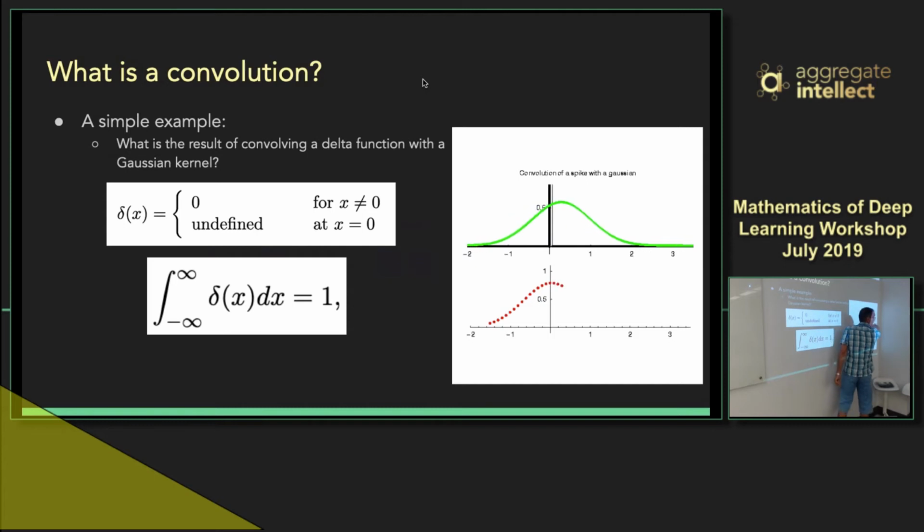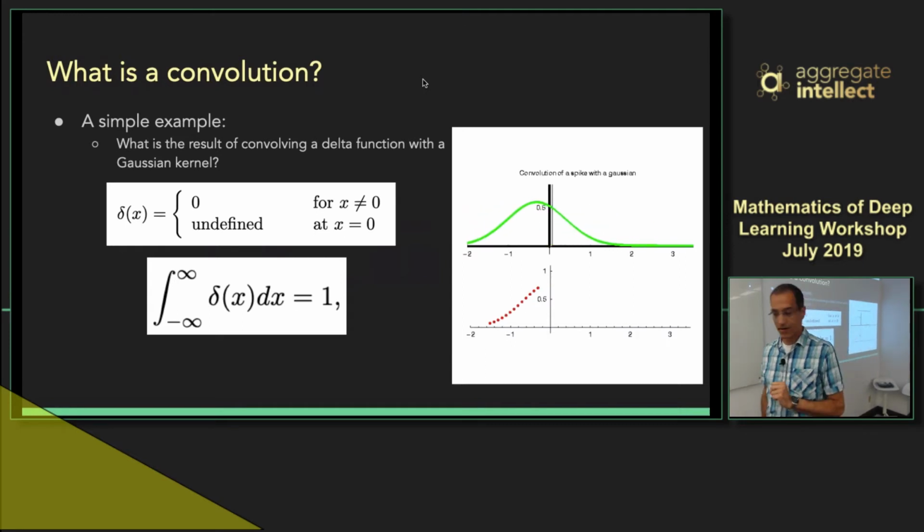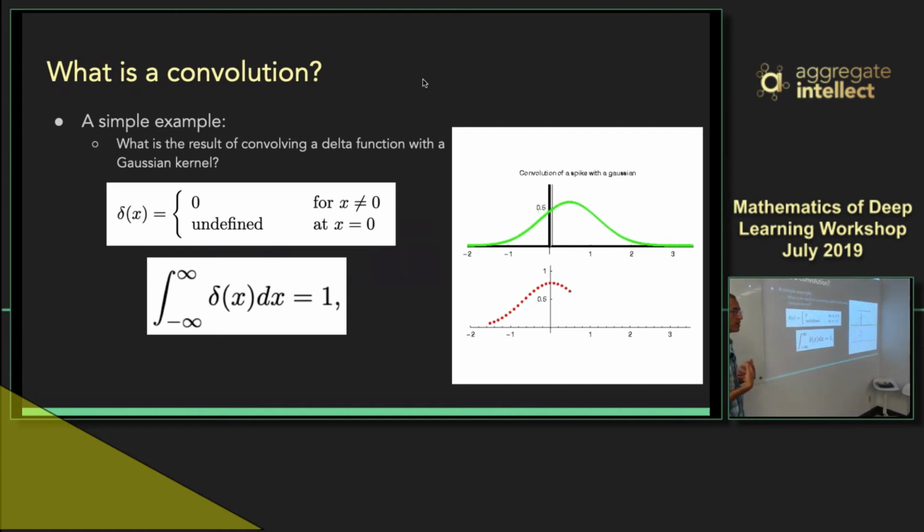Multiply the value of the green function with the delta function. So it's 0 everywhere except that point where I have it here. And this is showing the result. When I do that, I get a bunch of zeros when I multiply, except where they are overlapping, and that gives me the function itself.